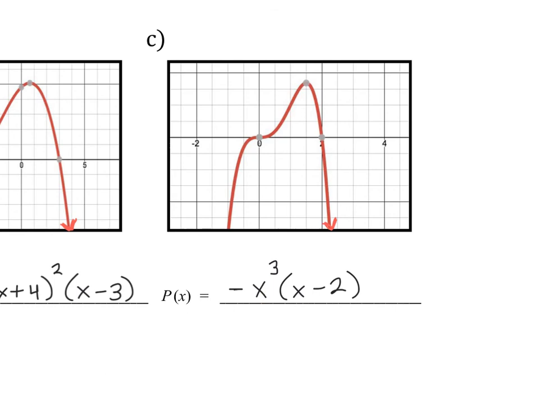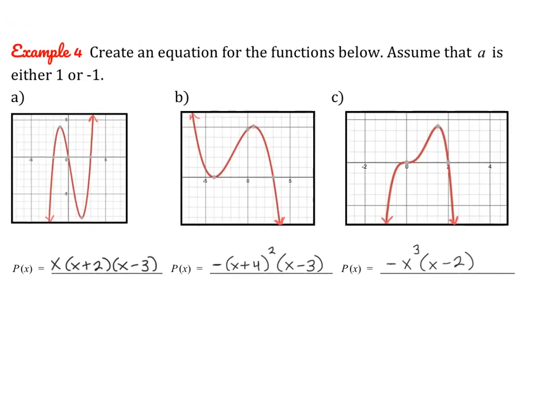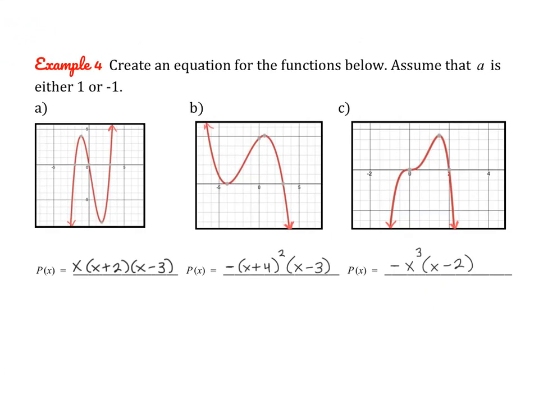And you can see our degree is 1, 2, 3, 4, which is why our end behavior matches. Any even degree has matching end behavior, just like this. And that is how you can approach looking at a polynomial function and turning it into an equation.